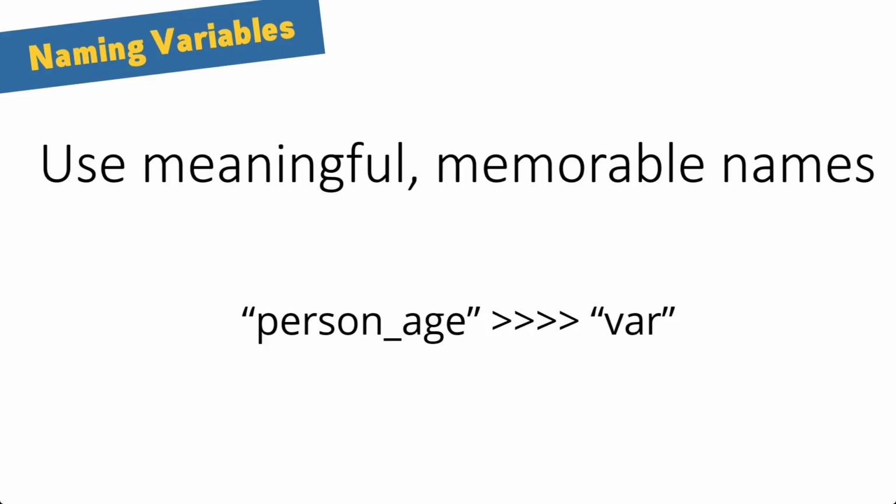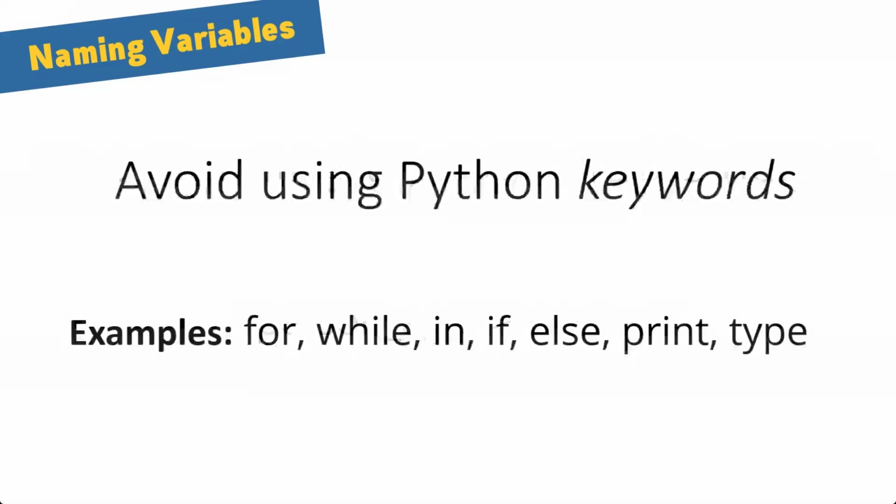But when you're reading through your code down the road, you'll probably have no earthly idea what the data stored in that variable actually means, which will make it much harder to quickly pick up where you left off and understand what your code is doing. Far superior alternatives here could be age or person_age. Both of those are clear and descriptive.